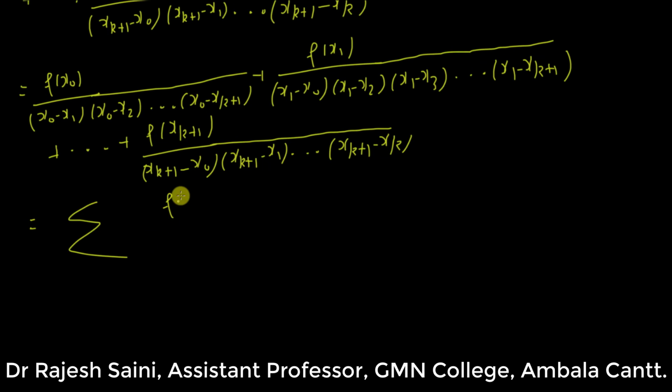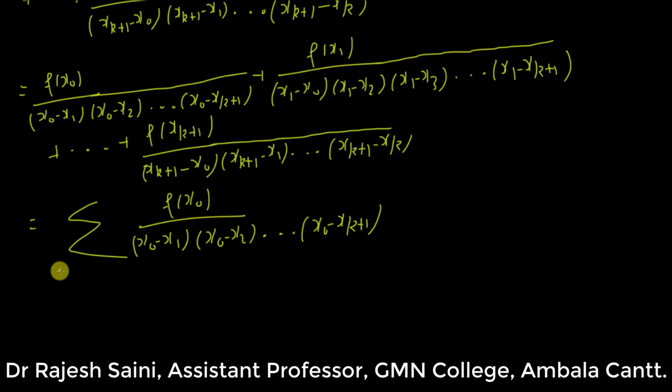Fine. f of, starting with x naught minus x1, x naught minus x2, and so on up to x naught minus xk plus 1, and rest of the terms of this summation will be written with the help of the result: x naught, x1, x2 up to xk plus 1 are in cyclic order.